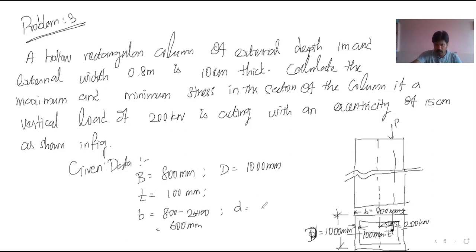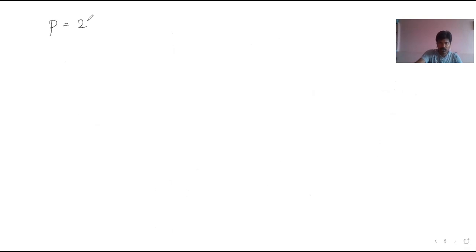Similarly, small d is equal to 1000 minus 2 times 100 mm thickness, so it becomes 800 mm. Then along with that, the load and the eccentricity. So load P is equal to 200 kilonewton, that is 200 into 10 cube newton. And eccentricity is equal to 15 centimeter they have given, which is nothing but 150 mm. So these are all the given data.